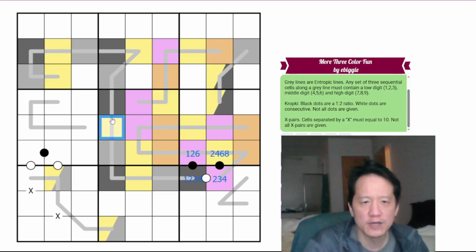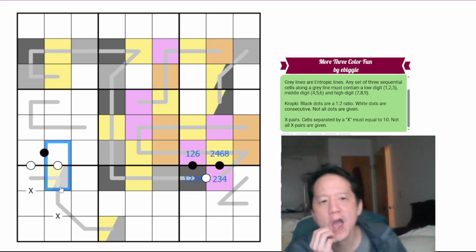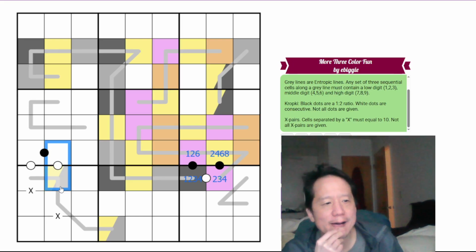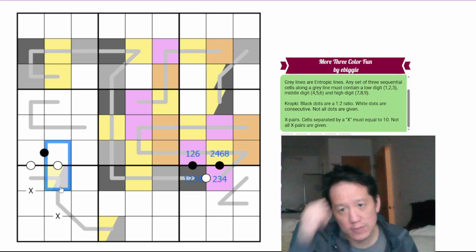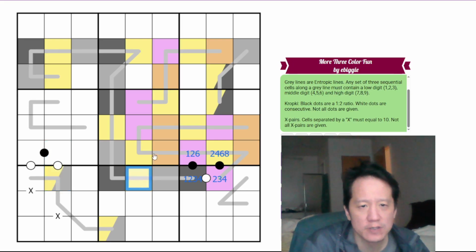What else do we have here? What are the possibilities then? 3 yellows.